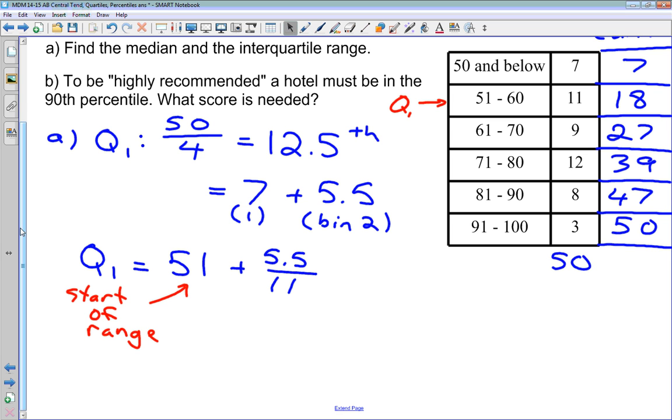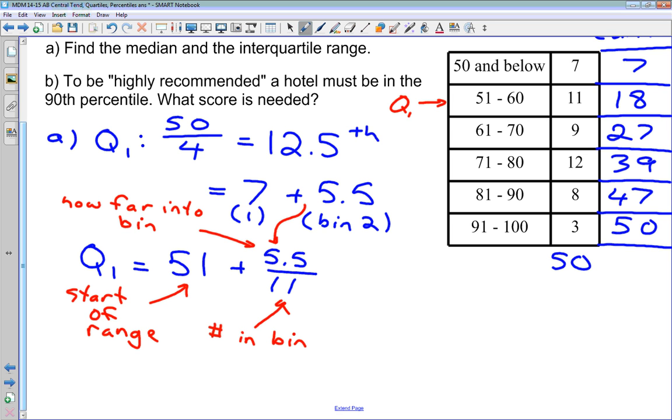So the 5.5 is this number that we want to go in. So this is like how far into the bin we want to go. And the 11 is the total number of numbers in that bin.